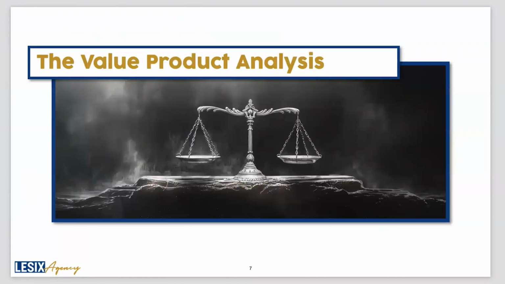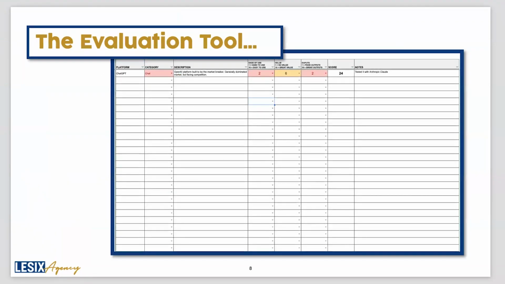With that said, let's talk about a very simple framework we call the value product analysis, which is essentially a tool that we use to list and keep track of AI platforms that we may find, that we may identify, and that we may start to use internally. And all it is is a simple spreadsheet that calculates a score based on 3 individual factors.